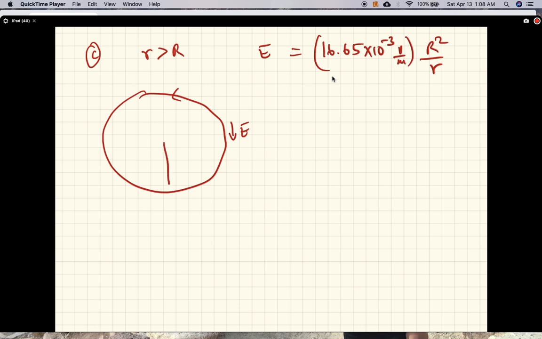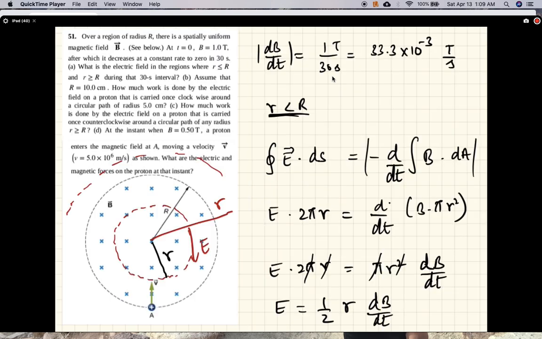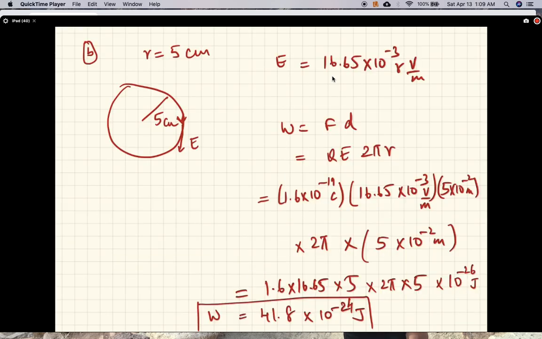Okay, so little r is greater than R. And what is it that we're trying to find? How much work is done by the electric field on a proton that's carried around once counterclockwise around a circular path of any radius at the instant when B is 0.5 Tesla. We'll come to part D in a second.